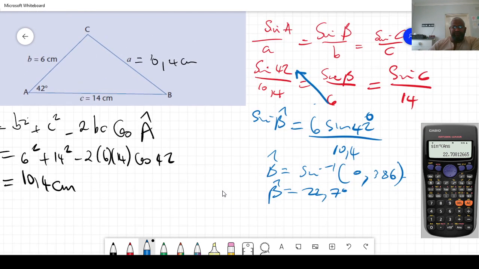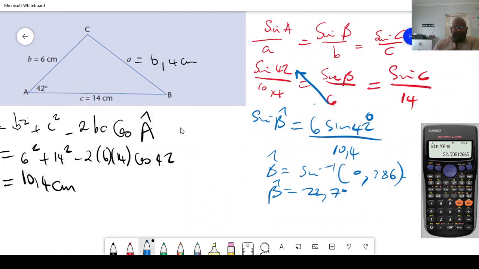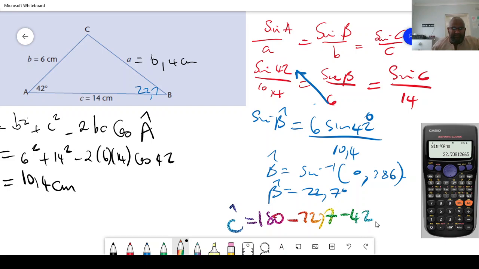Okay. So there I got B to be 22.7. So the only thing that needs to still be solved is angle C. Okay. So how are you going to calculate C? We're going to use the sum of angles in a triangle. So angle C is going to be equal to 180 minus 22,7 minus 42 degrees.